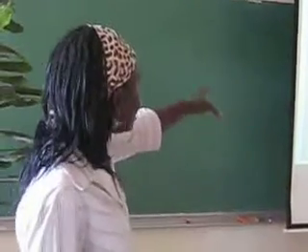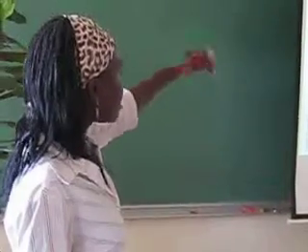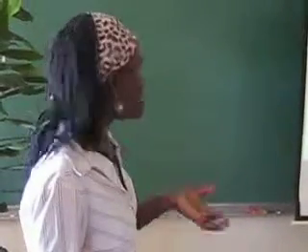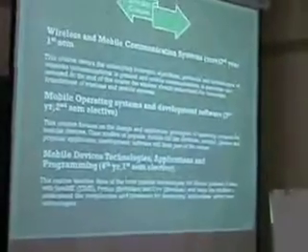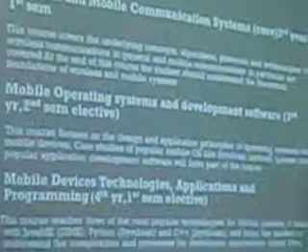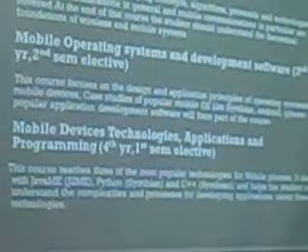So generally, this course is going to talk about some mobile operating systems, like Symbian, iPhone, Android, giving them a general overview of different operating systems that you can use should one want to develop a mobile application.